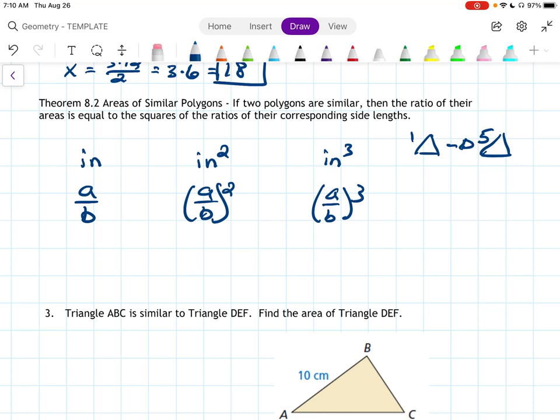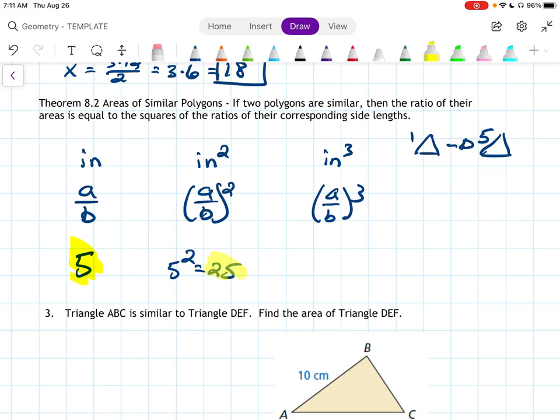So for inches, that's just a plain old 5. Whenever I go to inches squared, it's 5 squared, or 25. And what I'm saying there is that as far as length goes, and this includes perimeter, anytime you're dealing with length with these two triangles, the bigger one is 5 times larger than the smaller one.